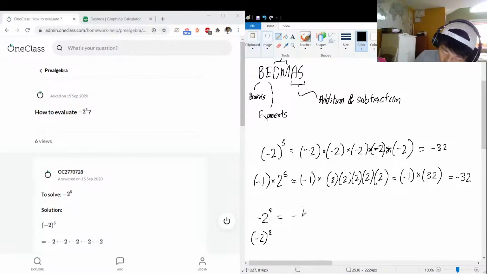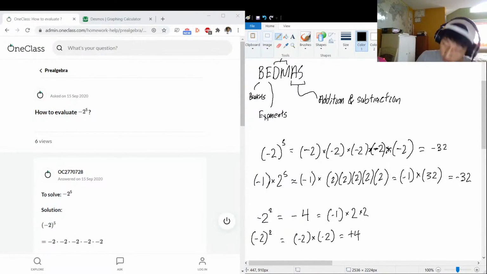This is equal to negative 4 because it is equal to negative 1 times 2 times 2. This is not the same. This is negative 2 times negative 2, and that's positive 4. You see how these are not equal anymore?